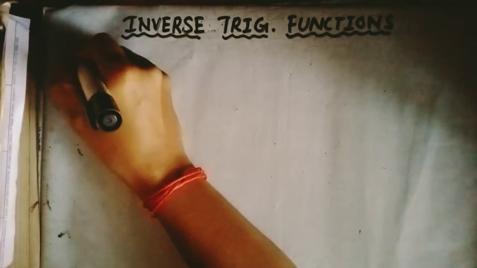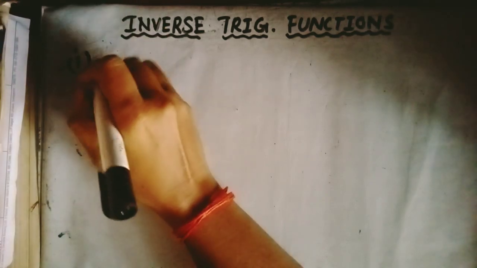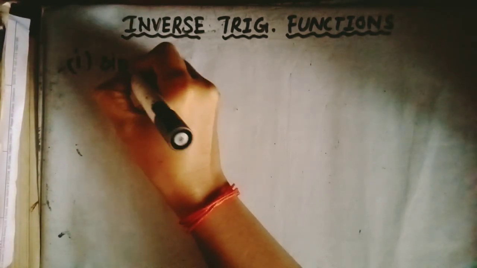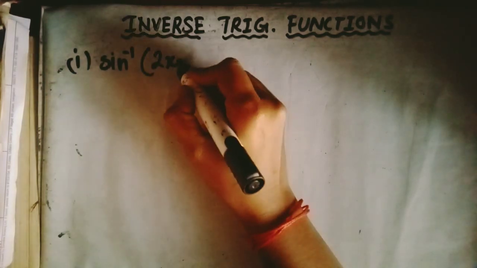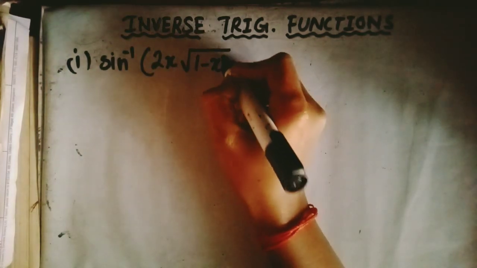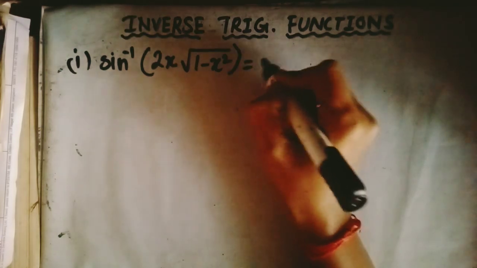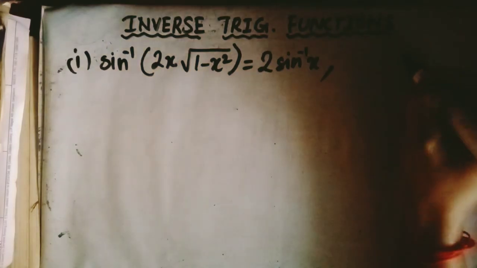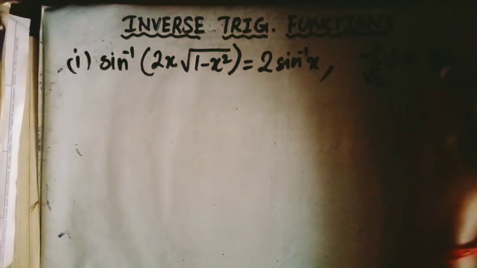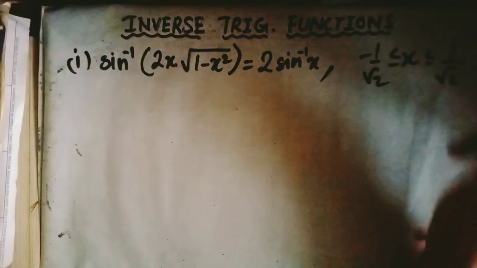First problem is you have to show that sine inverse of 2x root of 1 minus x square is equal to 2 sine inverse of x. Now this x is lying between minus 1 upon root 2 to 1 upon root 2.